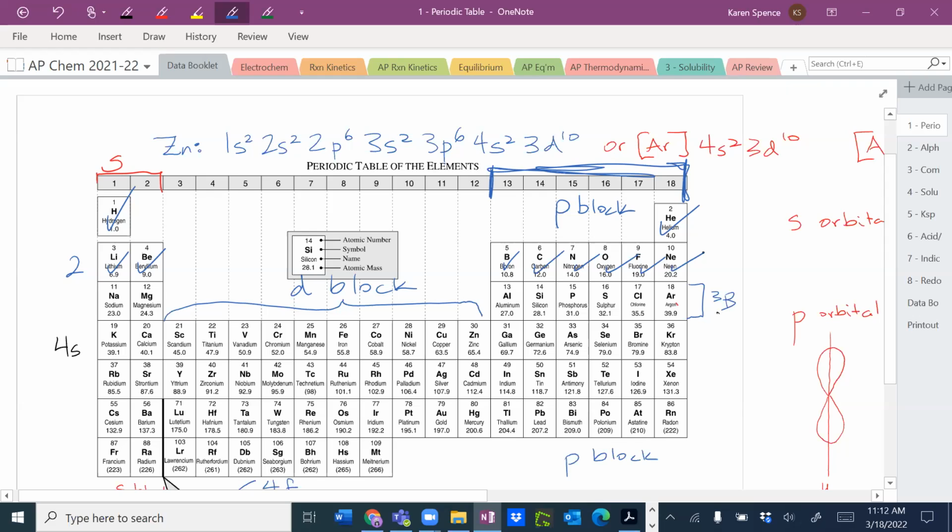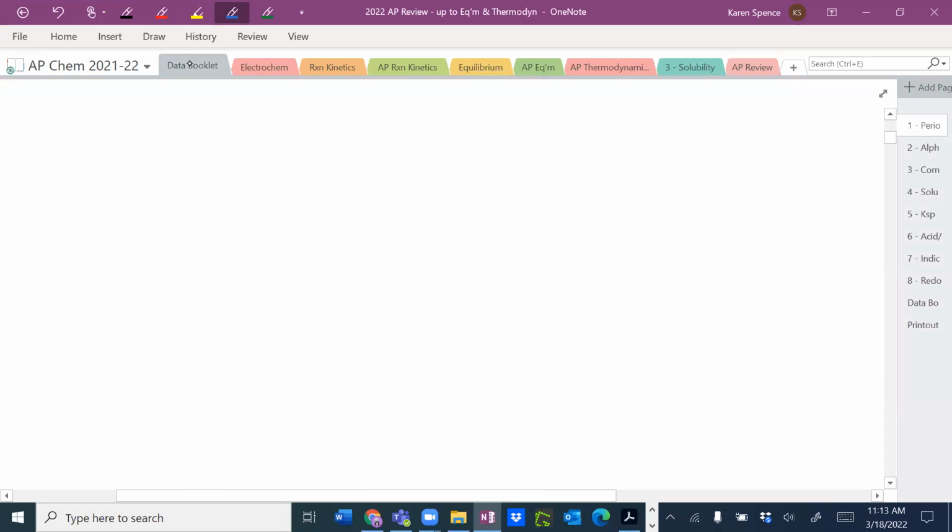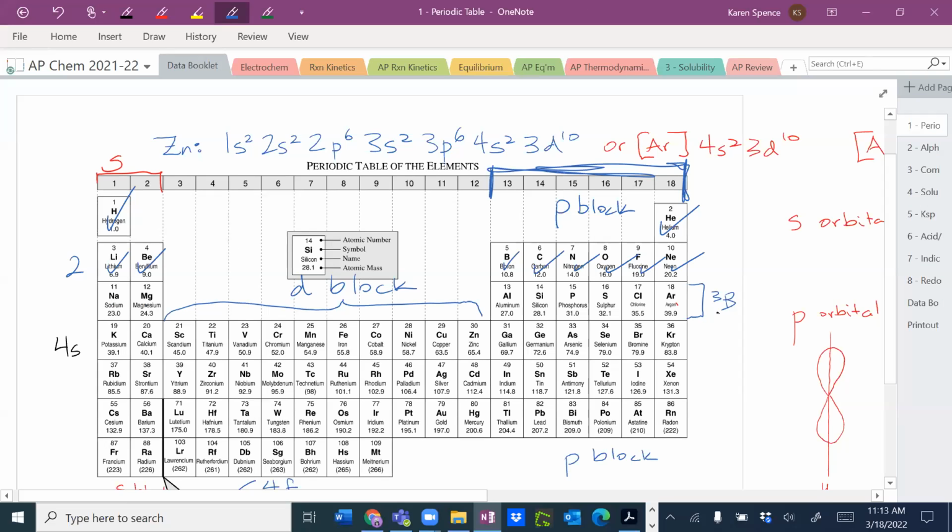So I think that was what we had. Let's just go back and check. Oh, 3s2, 3p6. So that would be the third row. So we would go 3s1, 3s2, 3p1, 2, 3, 4, 5, 3p6.